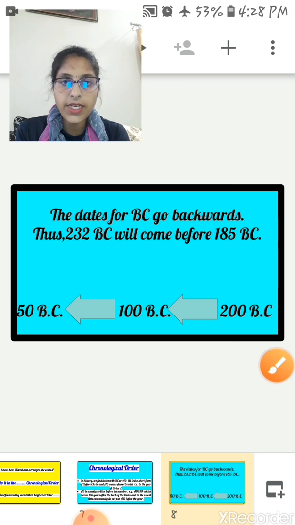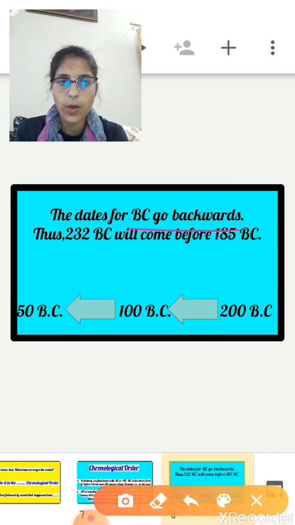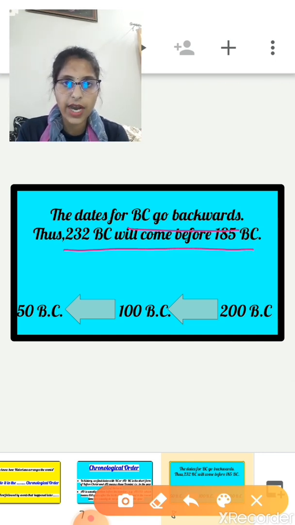Now, dates for BC go backwards. Thus 232 BC will come before 185 BC. Just see: 200 BC, then 100 BC, then 50 BC. Clear?